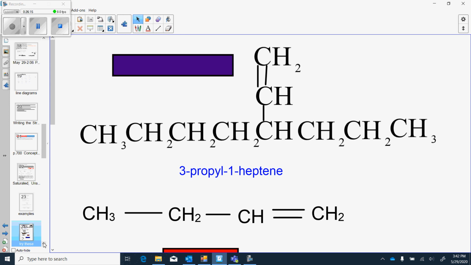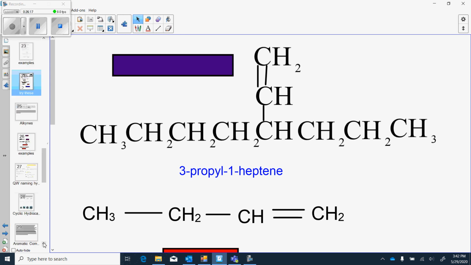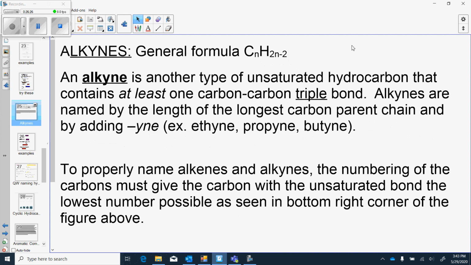I wanted to keep this under 30, so it looks like I'm going to talk about alkynes, and then I'll do a quick little video on cycloalkenes. So here we are jumping into our next group. And a lot of similarities here. All of the rules we talked about are still true. But now what we're looking at is a yne ending.